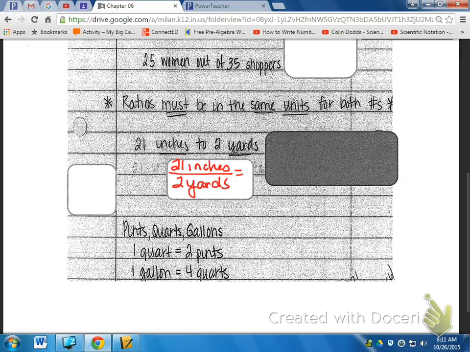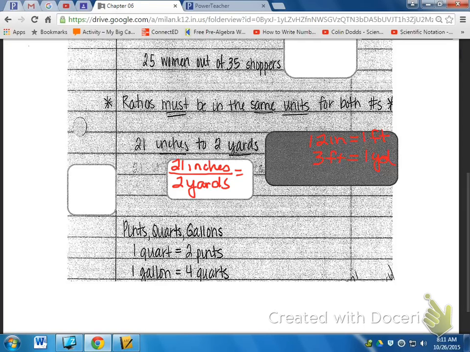So do you know how many inches are in a yard? Do you know how many inches are in a foot? 12. So let's write over here, there's 12 inches in 1 foot. Do you know how many feet are in 1 yard? 3. Okay, so let's go that route.